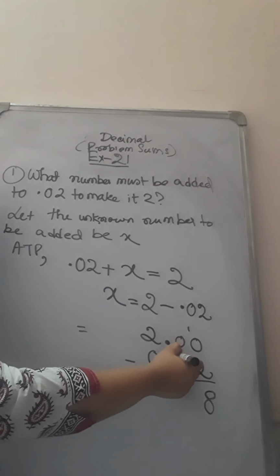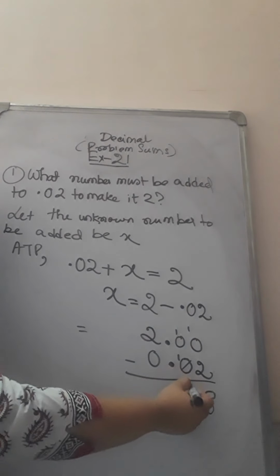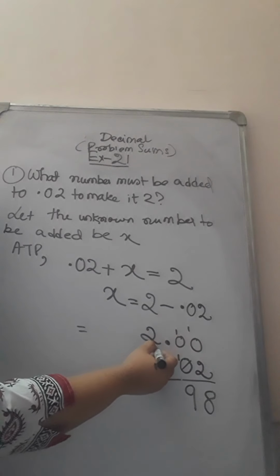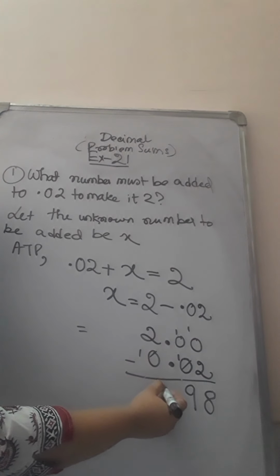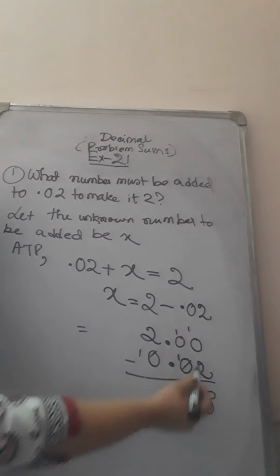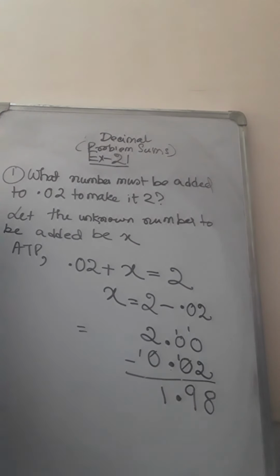0 you have borrowed, now you are returning that 1. Simply we are subtracting. 10 minus 1 gives 9. You have borrowed 1, now you return it back. Return back means addition. So 2 minus 1 gives you 1. And where to place the point? In both the numbers, the point is before 2 places, the rule of subtraction and addition.